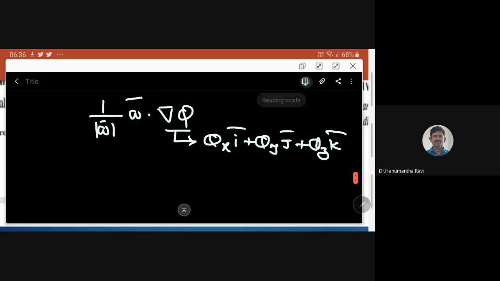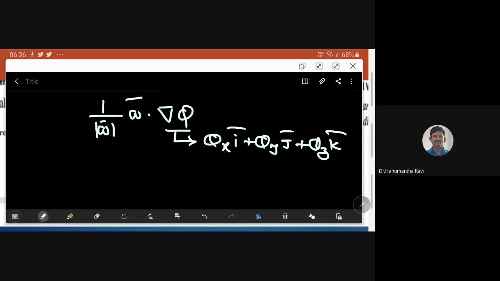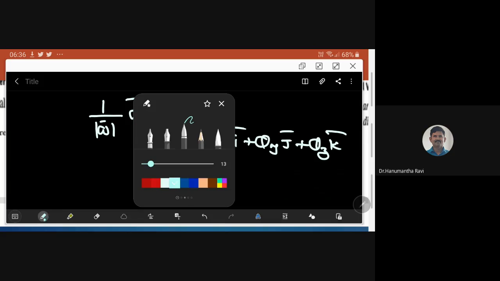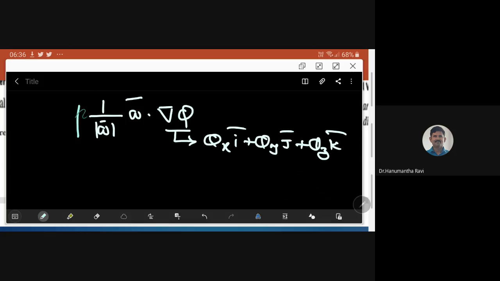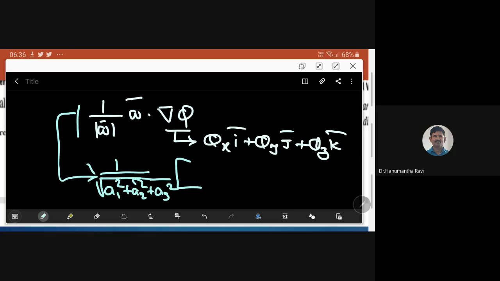If we take the dot product, this becomes 1 over the square root of a1 square plus a2 square plus a3 square, into a1 phi x plus a2 phi y plus a3 phi z.